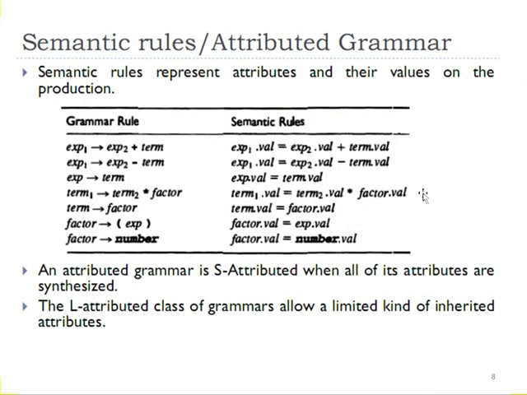So from this perspective, we can categorize the given grammar as S attributed grammar, because the only attribute that is attached to each grammar symbol of the given grammar is val, and val is synthesized attribute. So because of this, we can say that the grammar is S attributed grammar.